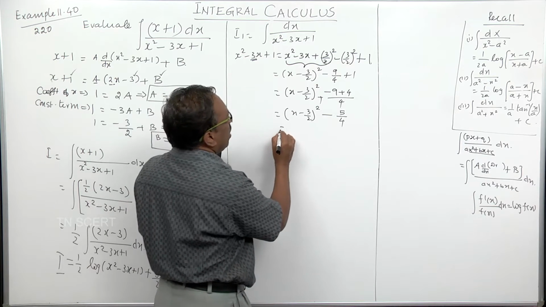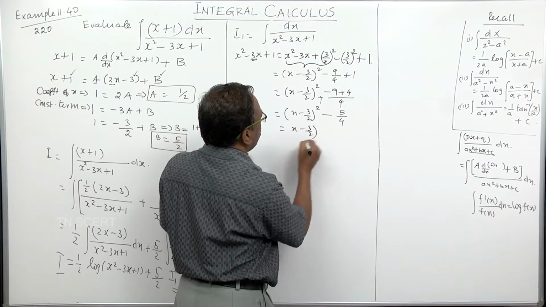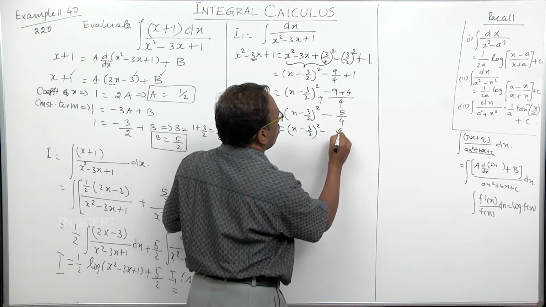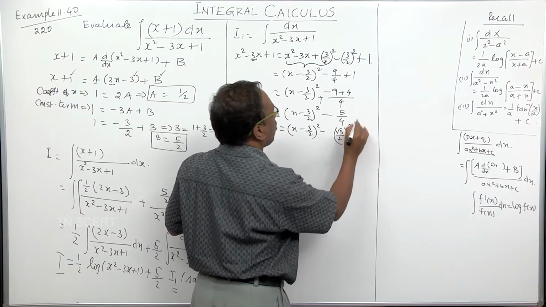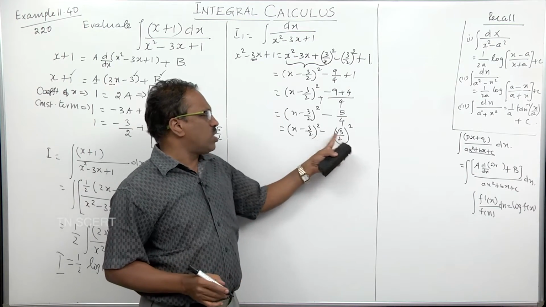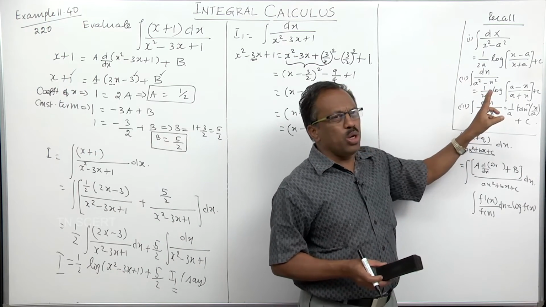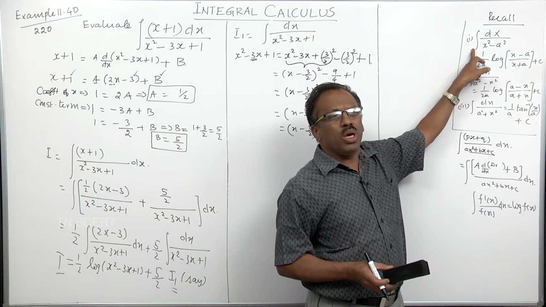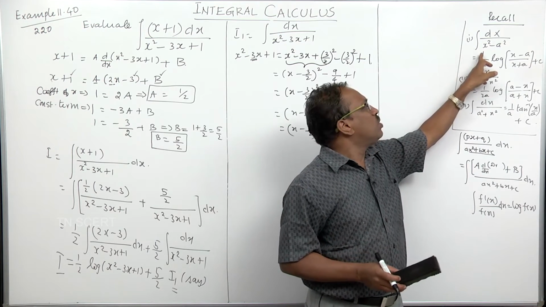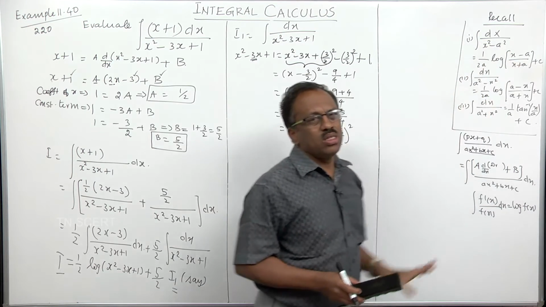So that means (x − 3/2)² − (√5/2)², because I want to make a perfect square for this, x² − a², one among these formulas, as I told you, any one only is going to be followed. So, here we are going to follow only this.